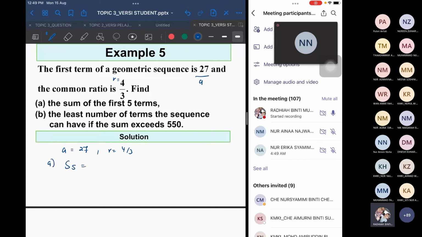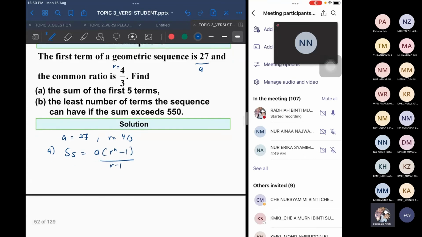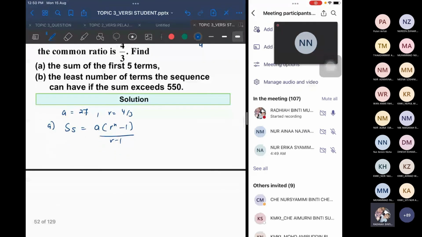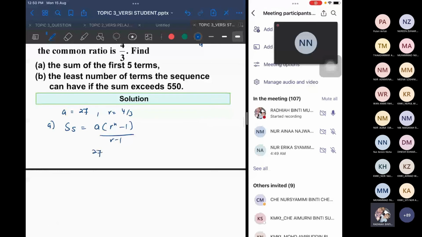So you masukkan dalam formula you, A R power of n minus 1 over dengan R minus 1. Saya memang suka tulis general formula dulu, okay? Sebagai panduan. Okay, so 27 times 4/3 power of 5 minus 1 divide by 4/3 minus 1.